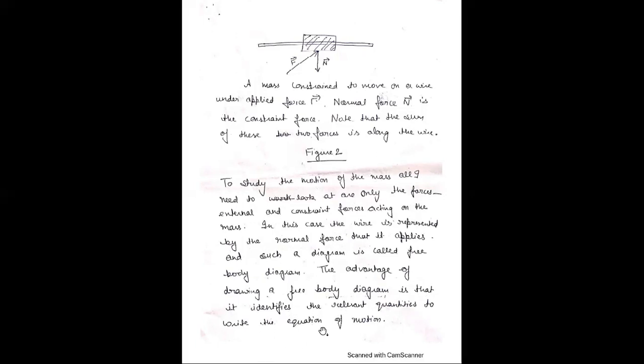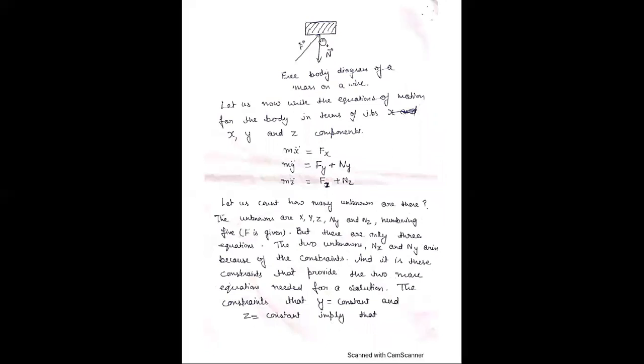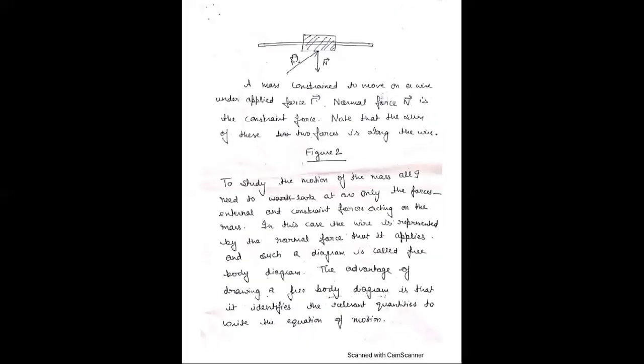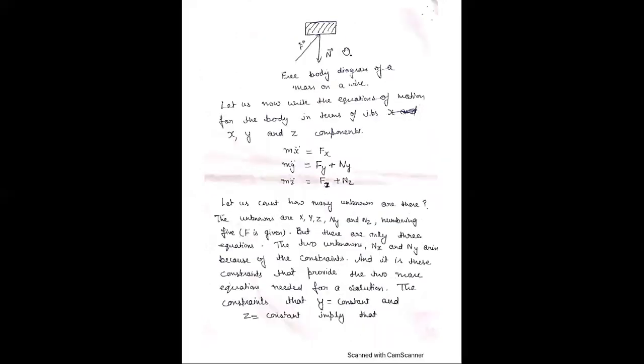Identify the relevant quantities to write the equation of motion. Here is the free body diagram. For a free body diagram, firstly we remove any support. This is the wire; we remove it and draw the free body diagram of mass M only. This is the force and this is the normal reaction. Now, the equation of motion in terms of x, y and z components: we know that the equation of motion is F equals ma, and a is replaced by d squared x by dt squared along the x-axis. Therefore, m x double dot equals the Fx component.